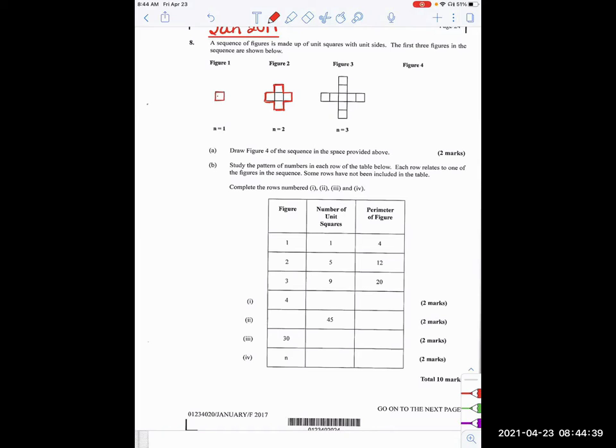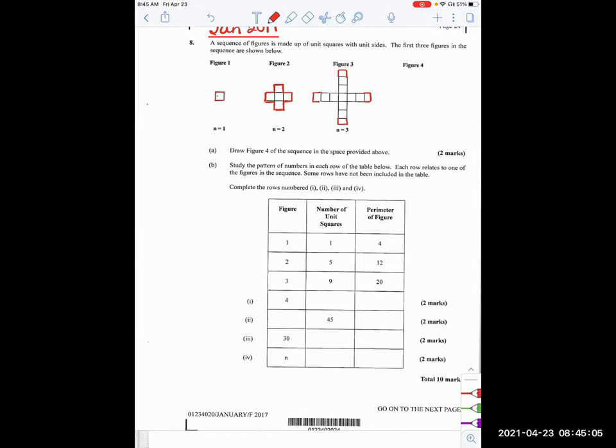You are going to extend the diagram by drawing 1 block on either side. So this is what figure 4 is going to look like, and that is worth 2 marks.